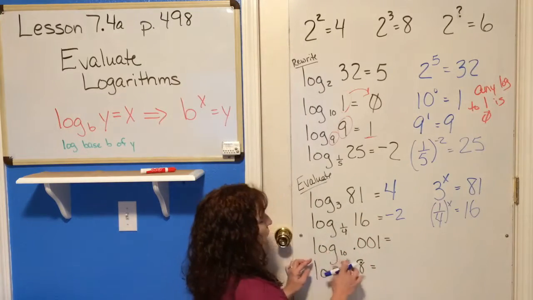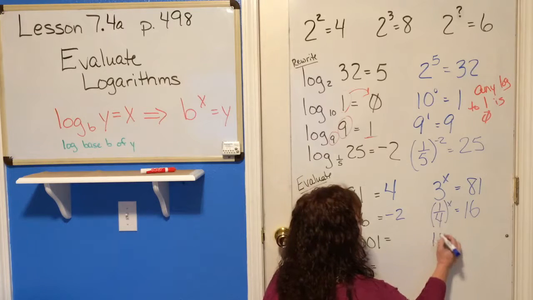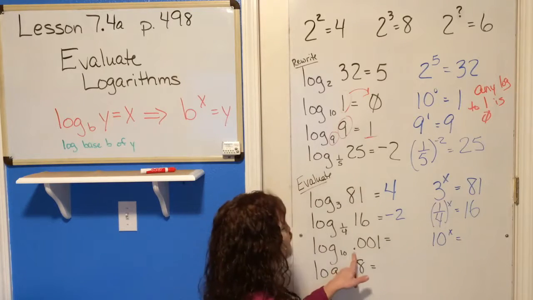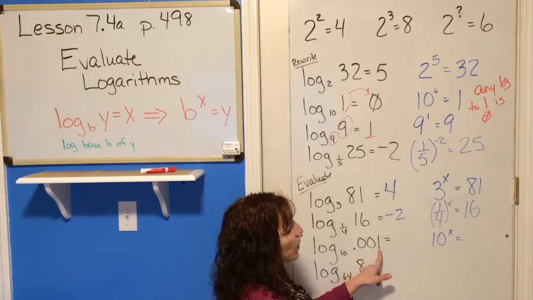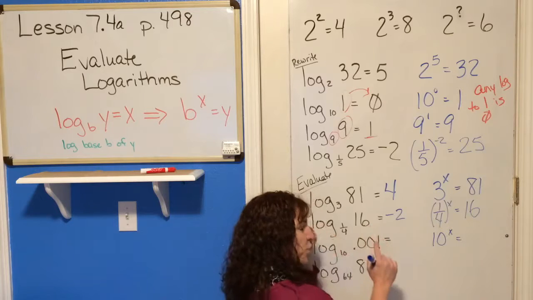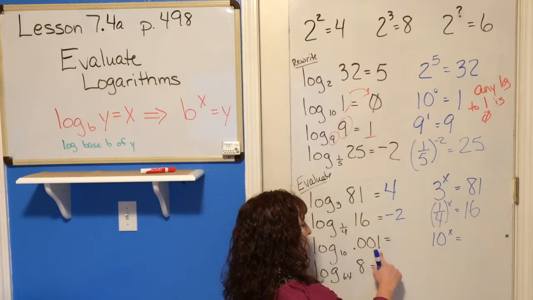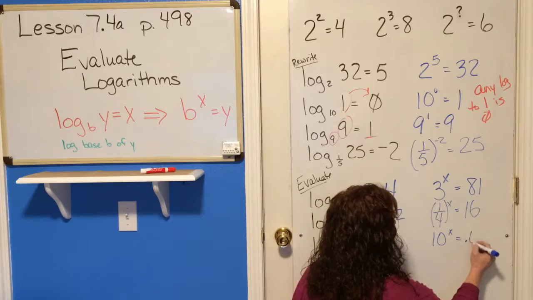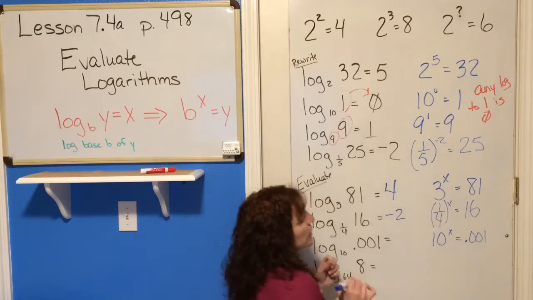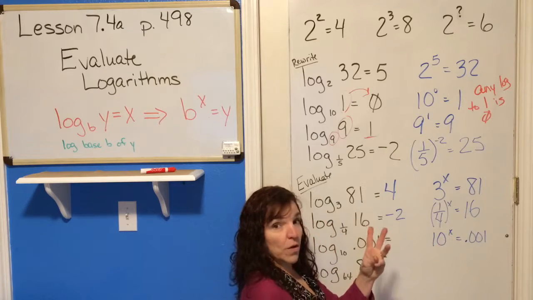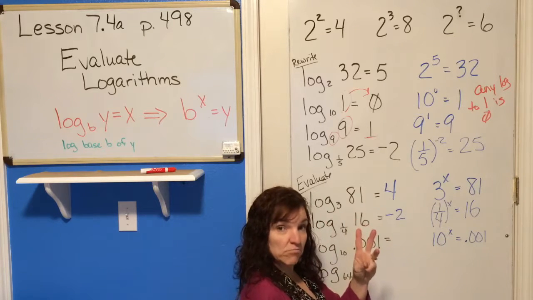All right, log base 10. So our base is 10. We don't know the exponent, and we want that to equal 0.001. And now what we can do is you can either put it as the fraction or make sure that you recognize that's tenths, hundredths, thousandths. That's 1/1000th. So if we took x to the 3rd power, that's going to be 1,000.